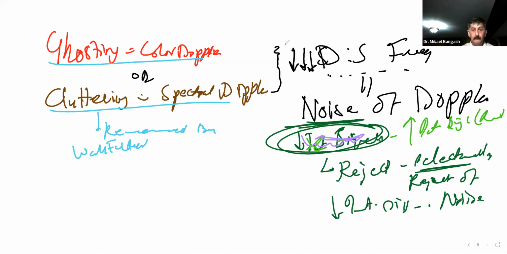Similarly, wall filter, my dear ladies, is just the reject function of your Doppler, which primarily removes ghosting in color Doppler or cluttering in spectral Doppler. And what was it that ghosting was?